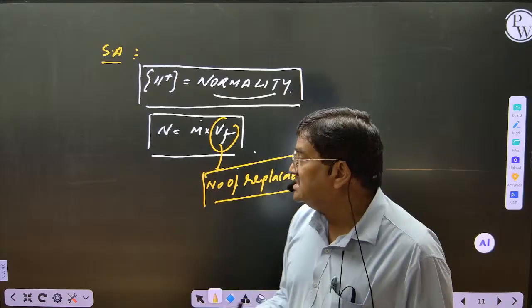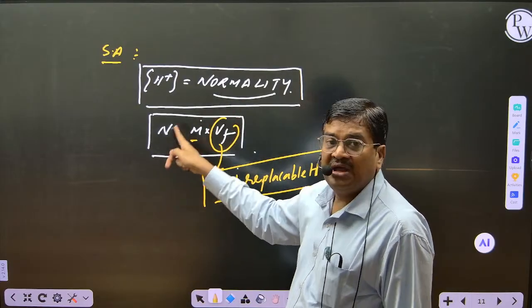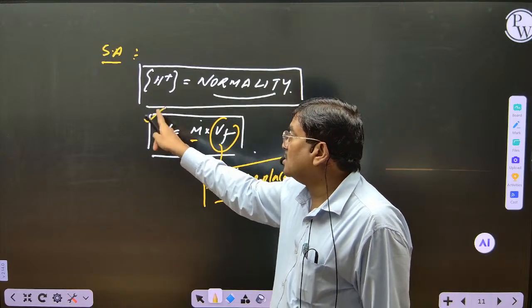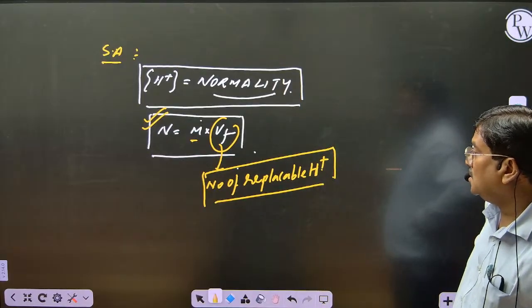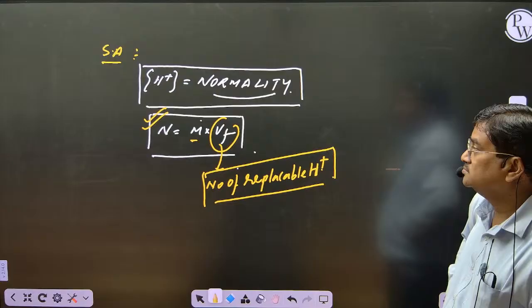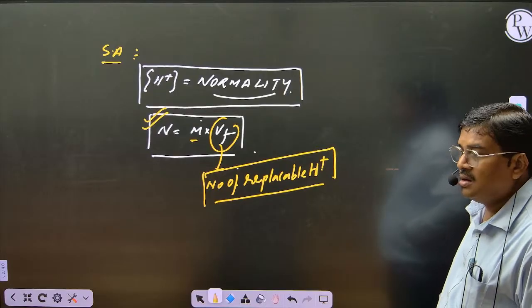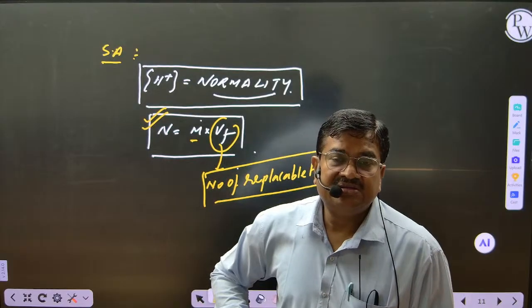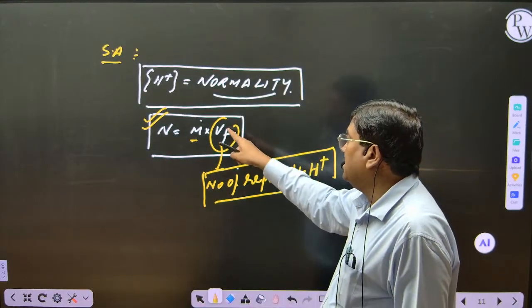Right now, if they don't give normality and they give molarity, you have to convert the molarity into normality. Understood? So copy this relation. The valency factor is the number of replaceable H plus ions, or we even say N factor.